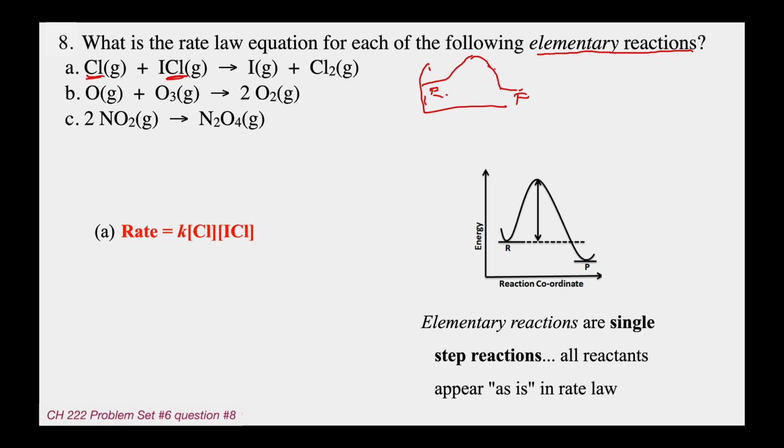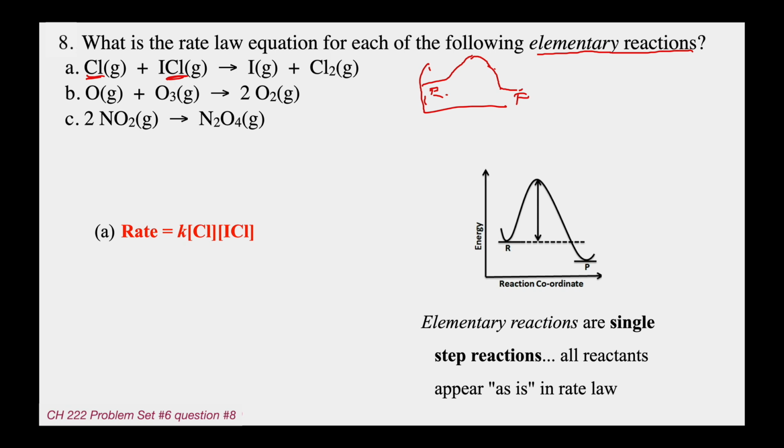Now, in an earlier problem, I said, oh, don't necessarily think the stoichiometry is the same as the rate law. Well, what I should have said, I guess, now knowing this conversation, is if it's an elementary reaction, then the stoichiometry is the same as the orders in the rate law. These aren't that common, so it's why I feel okay about making my earlier statement, but just realize that, yeah, rate equals k times Cl times ICl.